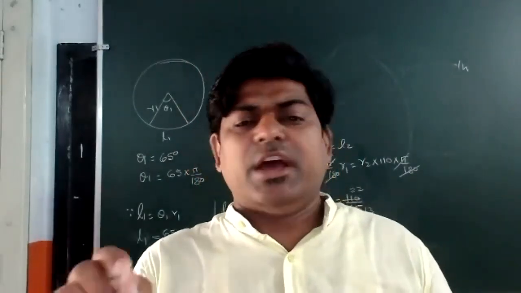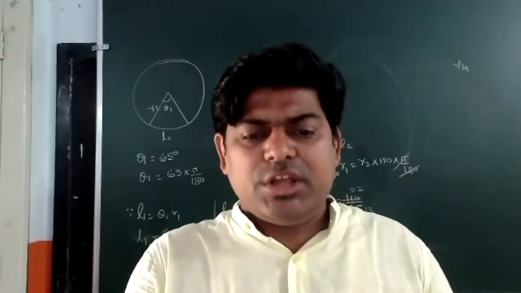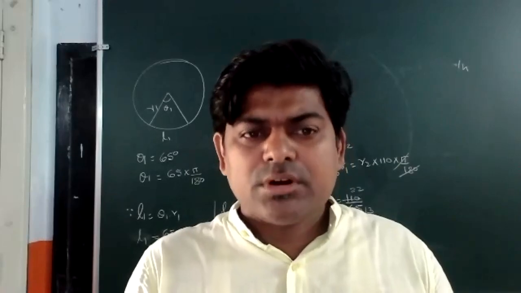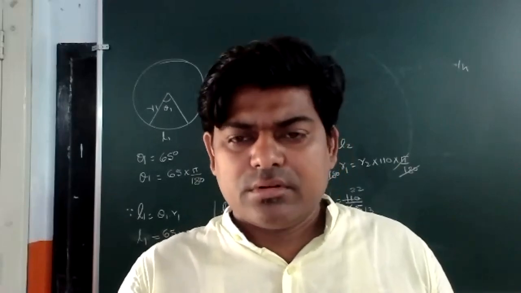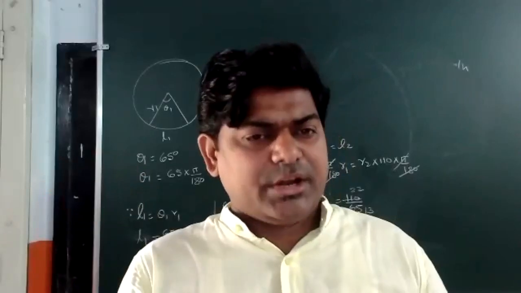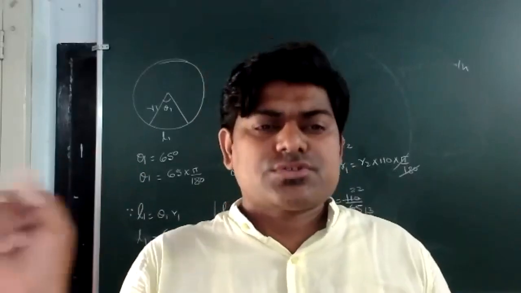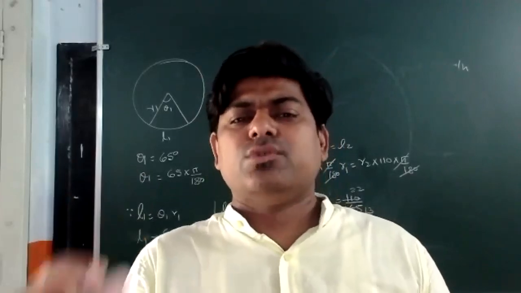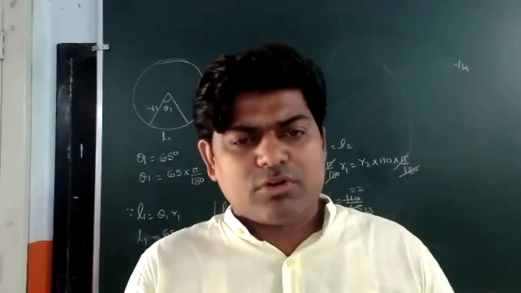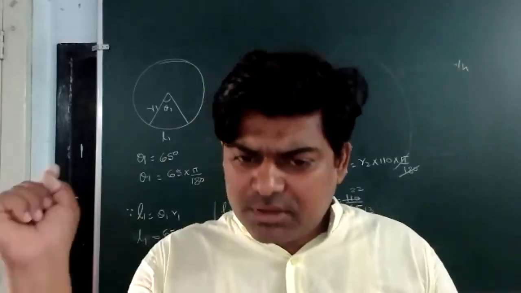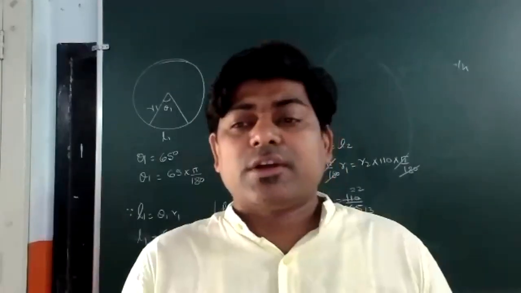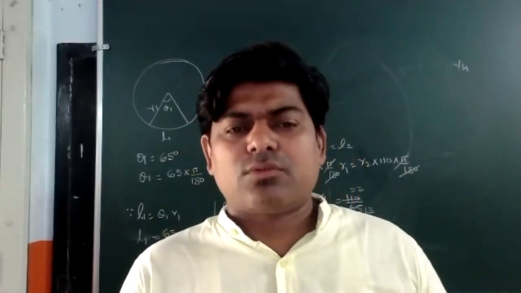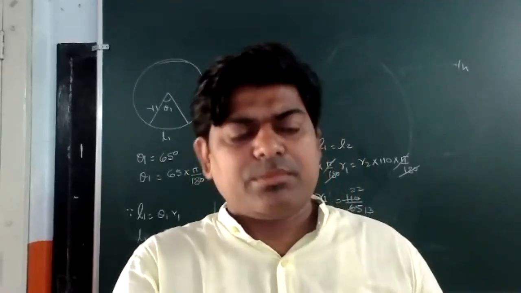It can be written as 126 degrees into pi by 180, am I correct, to convert it into radians. And when we solve it, in the end, to simplify it, we have to substitute the value of pi also. The value of pi is 22/7, but if in the question it is given that you have to use 3.14 or 3.1416, then whatever is given, you have to use that.